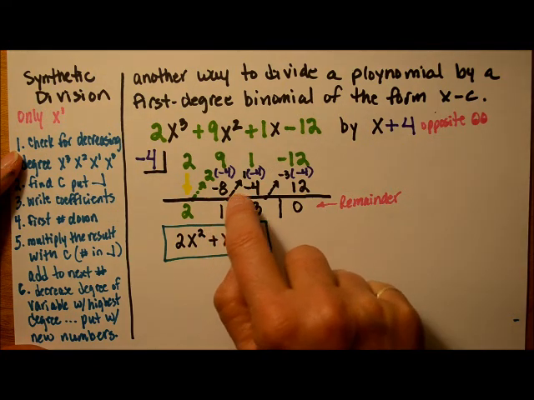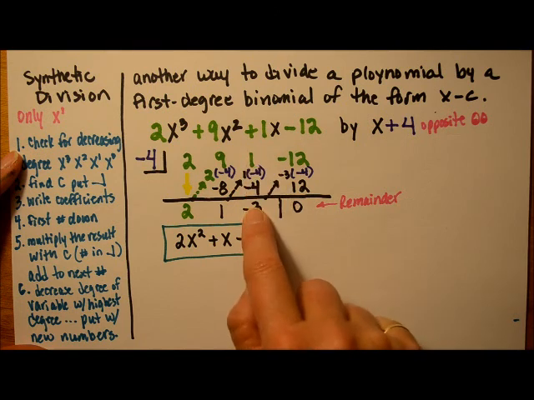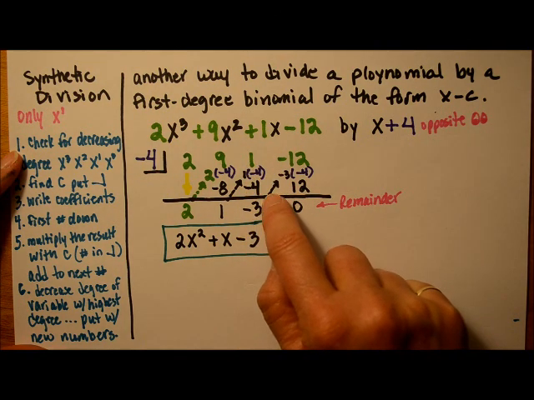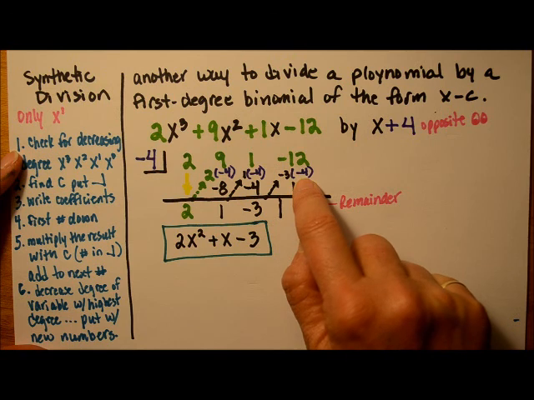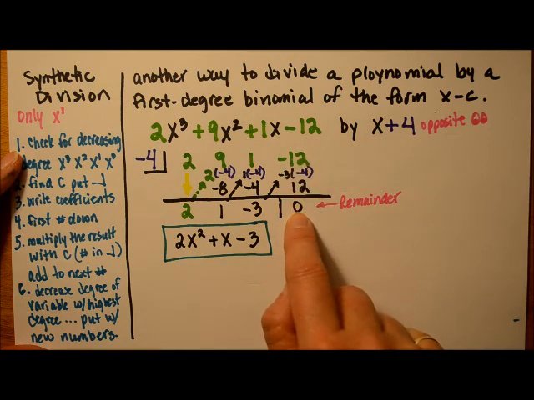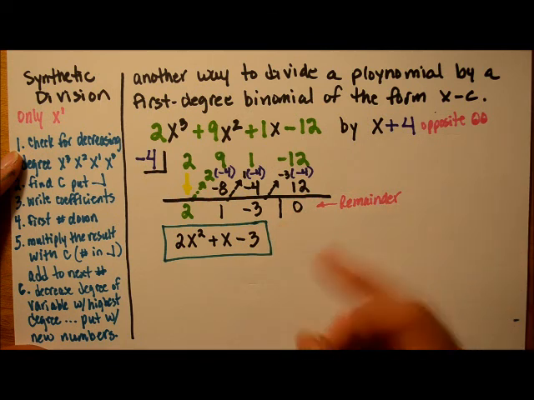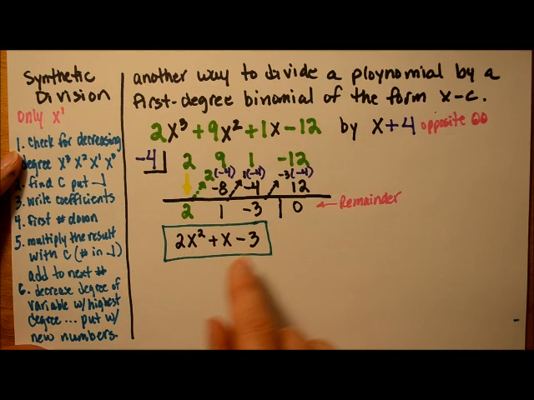Then I take this number, put it up there, multiply it by c, get a new number, and add. I did the same thing here. I brought that negative 3 up, multiplied it by c, got a new number, 12, and then I added. This last piece is your remainder. But I didn't have a remainder, I had 0.